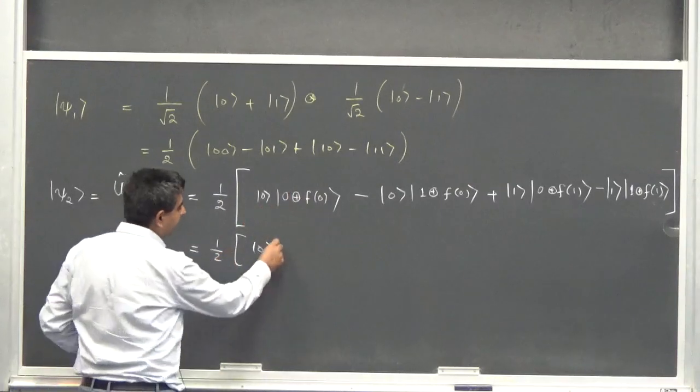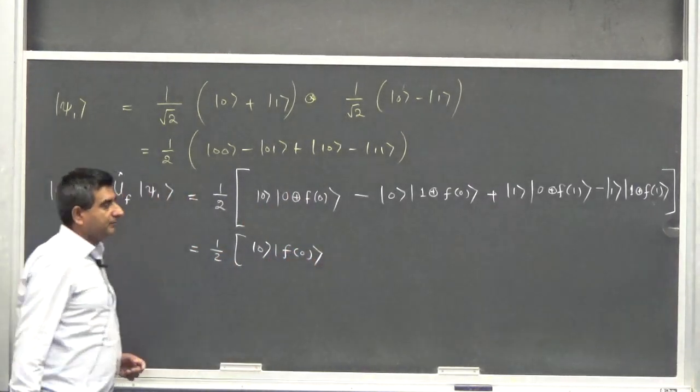Exclusive OR of 0 with anything is just the second thing, right?